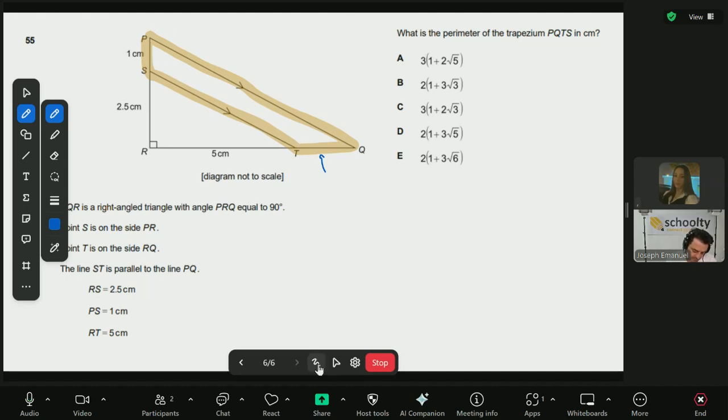So to calculate ST, let me use the laser. To calculate ST, it's by Pythagoras. To calculate PQ, also by Pythagoras. We have here 1 centimeter, and this one we will calculate by similarity of the two triangles. Let's remember the rules of similar triangles. Similar triangles: we have AA, which means two equal angles.